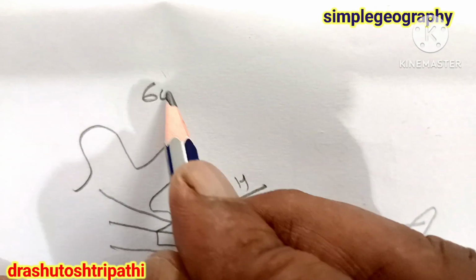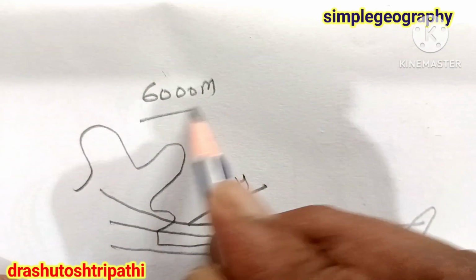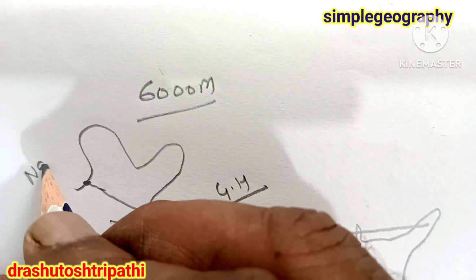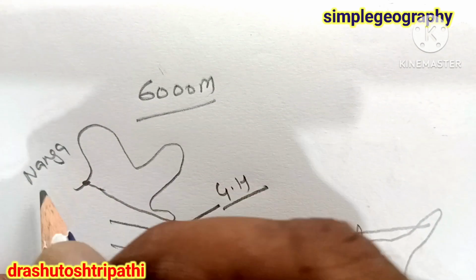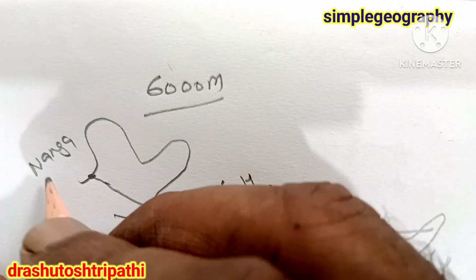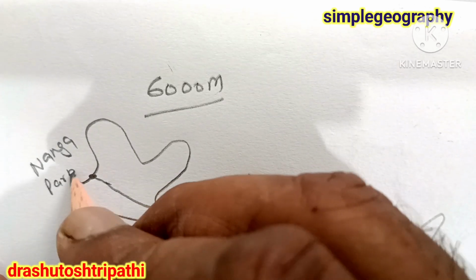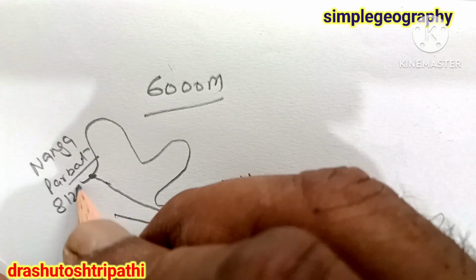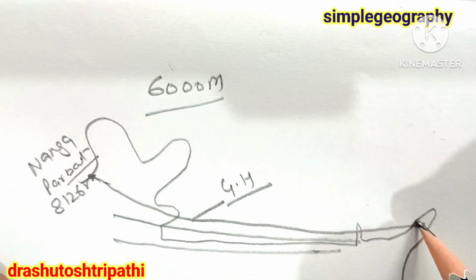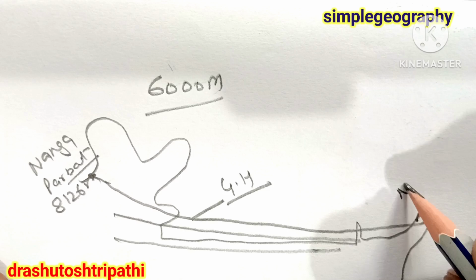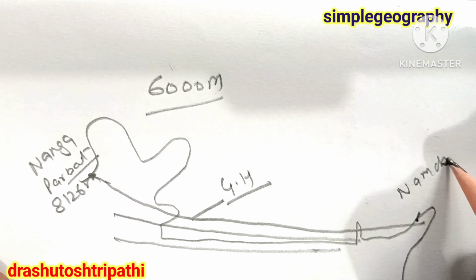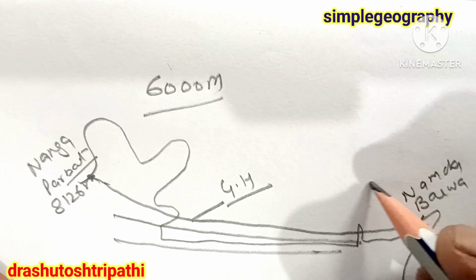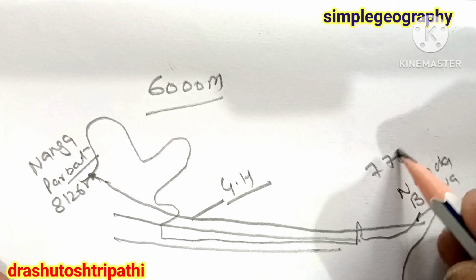Its average height is 6,000 meters, and it starts from Nanga Parbat, whose height is about 8,126 meters, to Namcha Barwa, whose height is 7,756 meters.